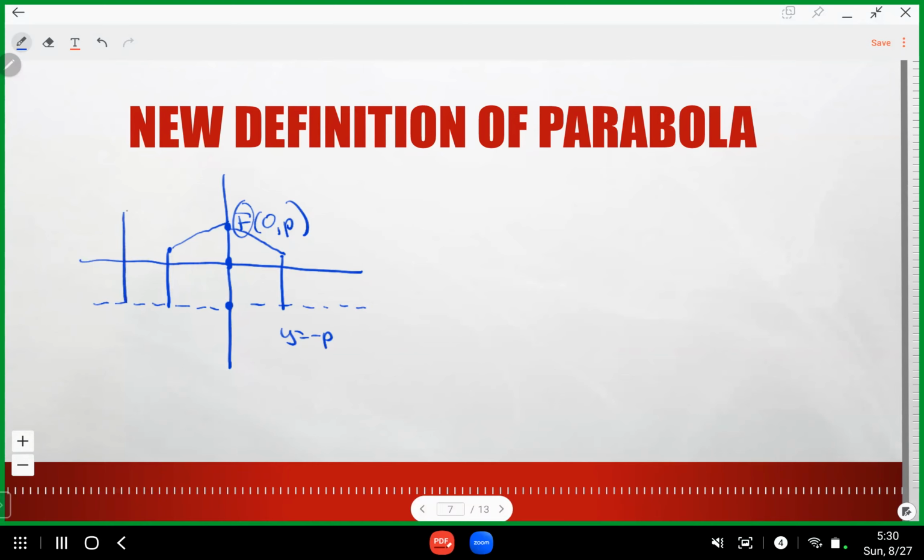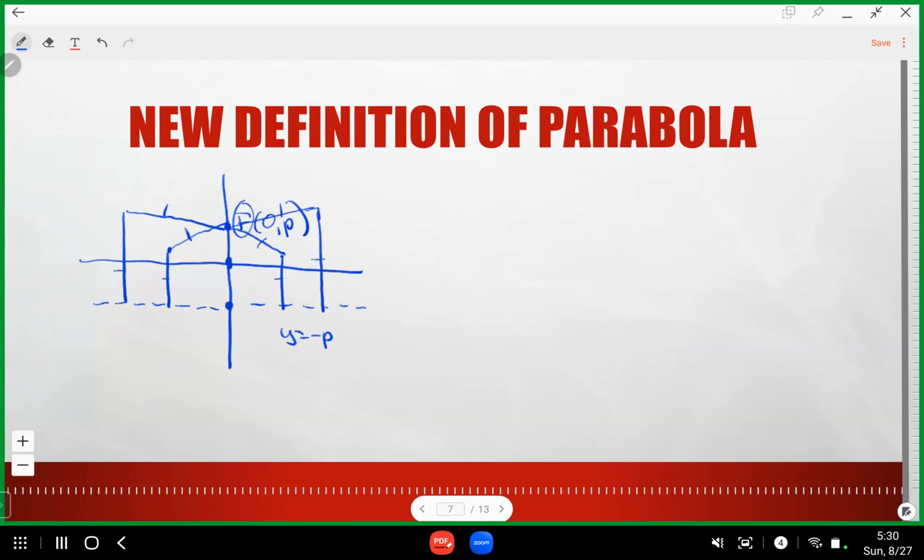Of course, these are equal distances. Then all you need to do is draw a curve through these points, and that's your parabola. Obviously this isn't the best parabola, but you get the idea. The distances are exactly equal.